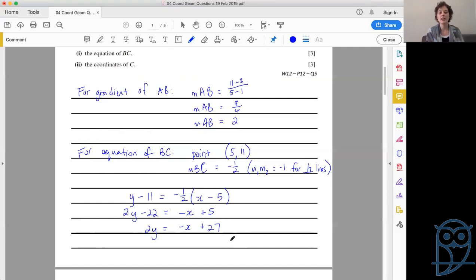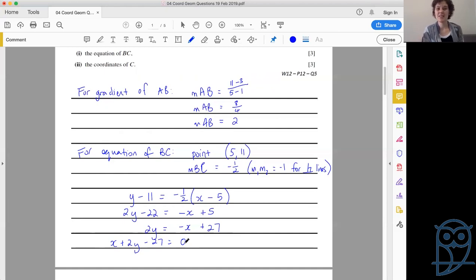So now we have an equation for BC. They did not tell us in a certain format. So if we tidy up, we could say 2y plus x minus 27 equals 0, but it doesn't really matter. Actually that's a bit back to front, isn't it? If we were being a bit legal about this, we would go x first, so x plus 2y minus 27 equals 0.